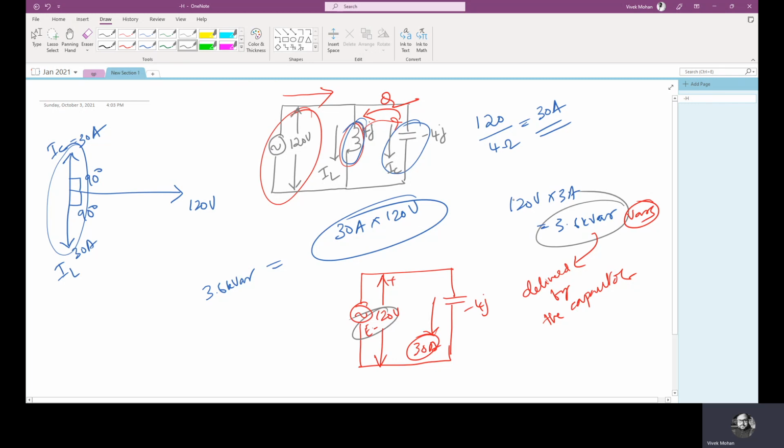So in the first case, the reactive power was delivered by the generator to the reactor when we connected a pure reactance to the circuit. Later we added a capacitor, then the capacitor acted as a reactive power source and it delivered reactive power to the reactor. Now we removed the reactor and we have only the capacitor in the circuit. Then also the capacitor delivers the same reactive power, and it delivers it to the generator source which is connected to the capacitor.